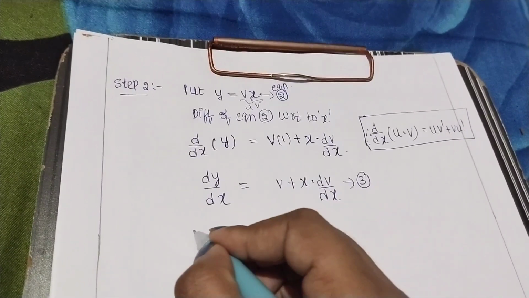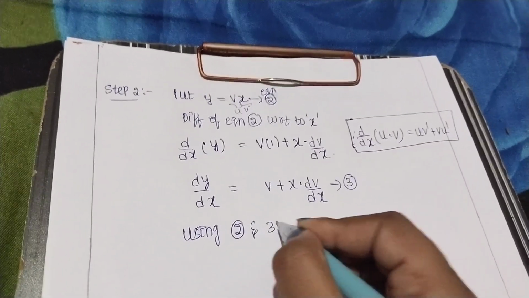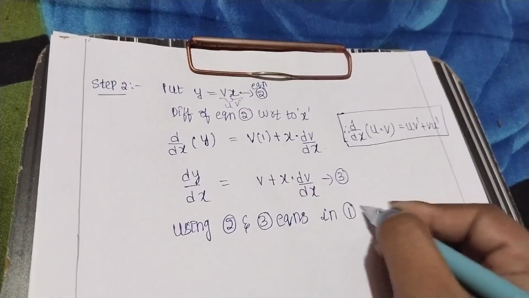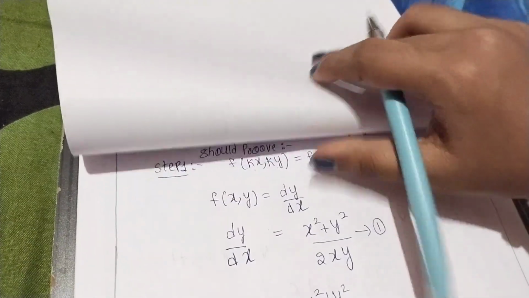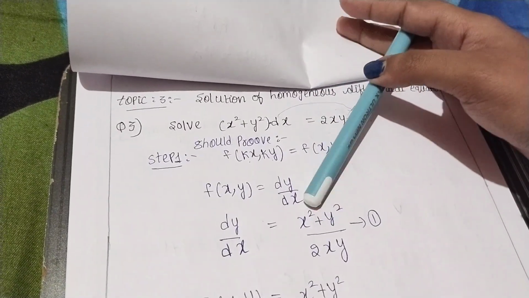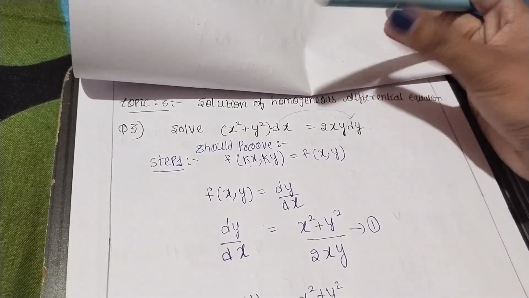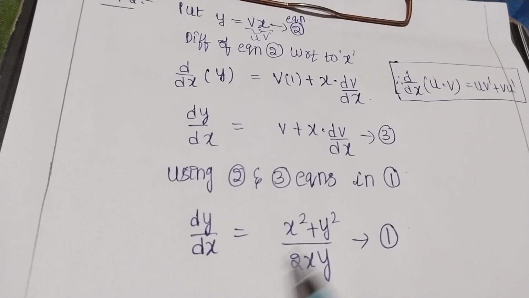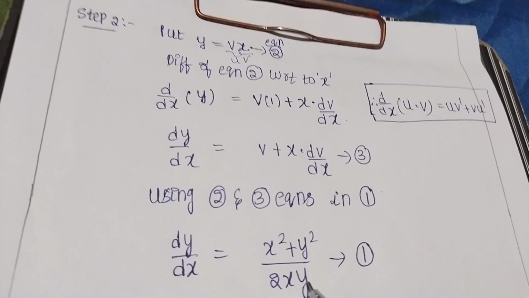Now using equations 2 and 3 in equation 1. What is equation 1? It is f of x comma y, the first equation which we have formed. So we have equation 1, dy by dx equals x square plus y square divided by 2xy.